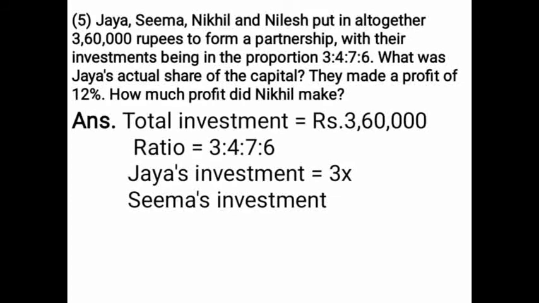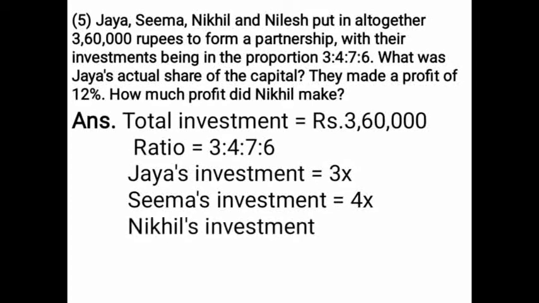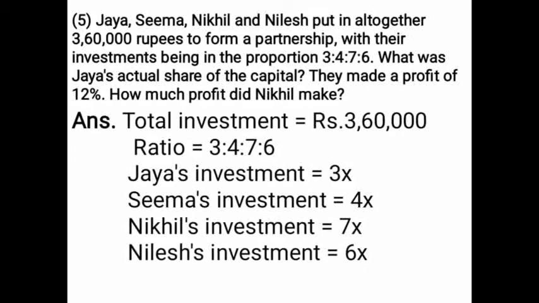Seema's investment will be 4x. Nikhil's investment will be 7x. And finally, Nilesh's investment will be 6x. All these four numbers in ratio form, we have taken with variable x and considered as the investment of the four names.